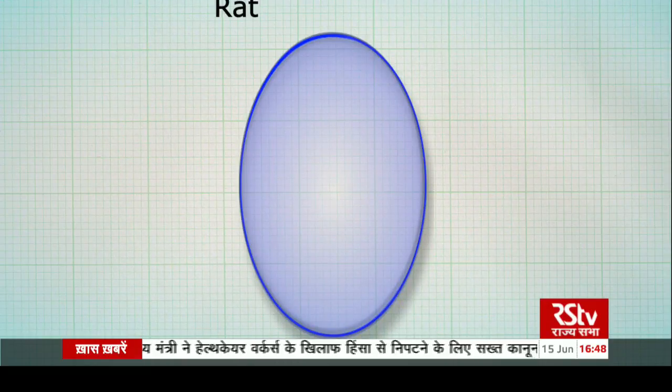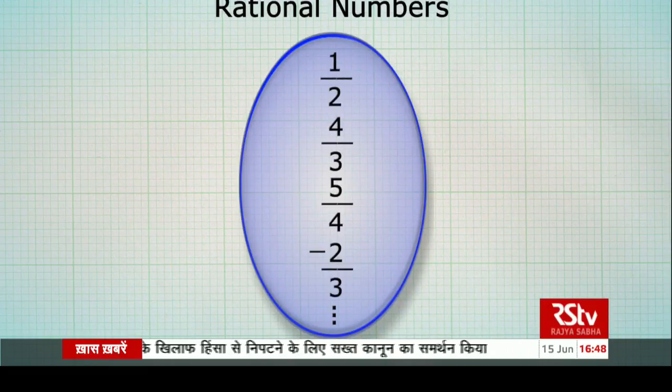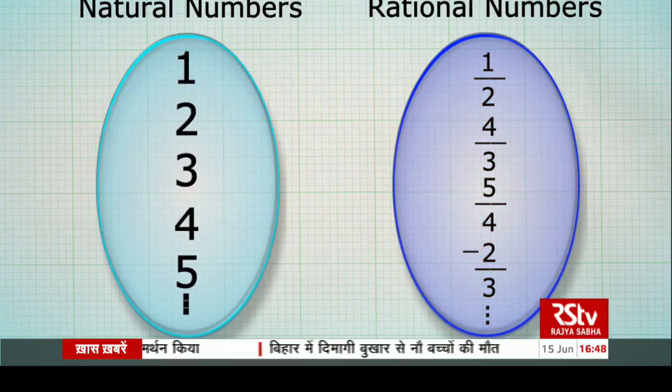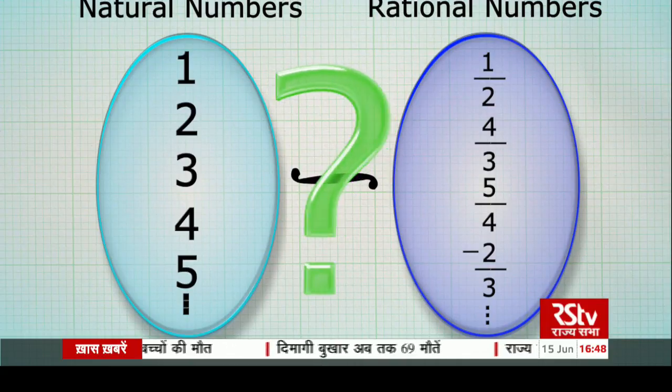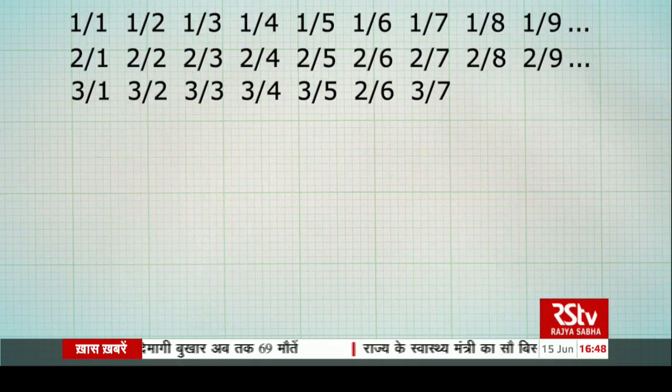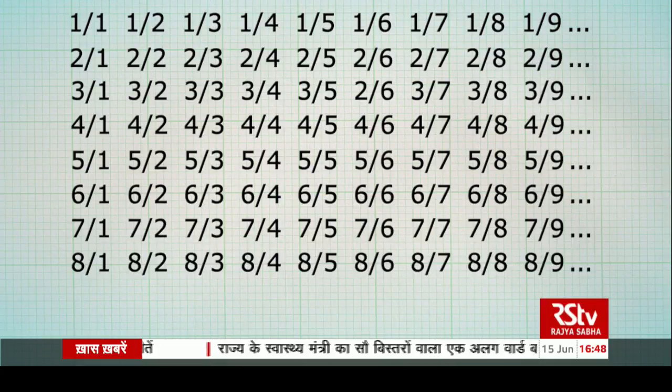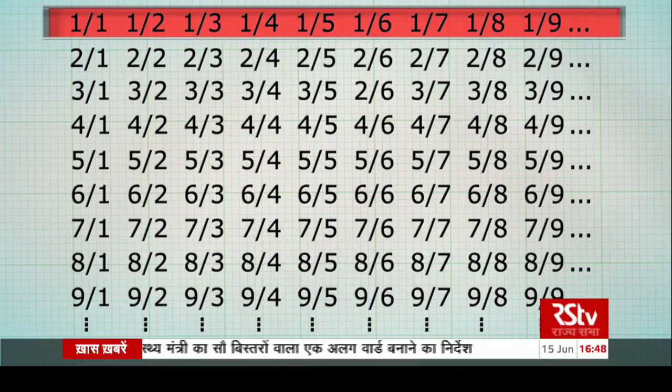Let's next look at the set of rational numbers. These are numbers that can be written as a simple fraction. Cantor wondered whether this set was of the same size as natural numbers. Since it is an infinitely large set, he represented it like this. He first lined up all the fractions where 1 was the numerator: 1 by 1, 1 by 2, 1 by 3, 1 by 4, 1 by 5.